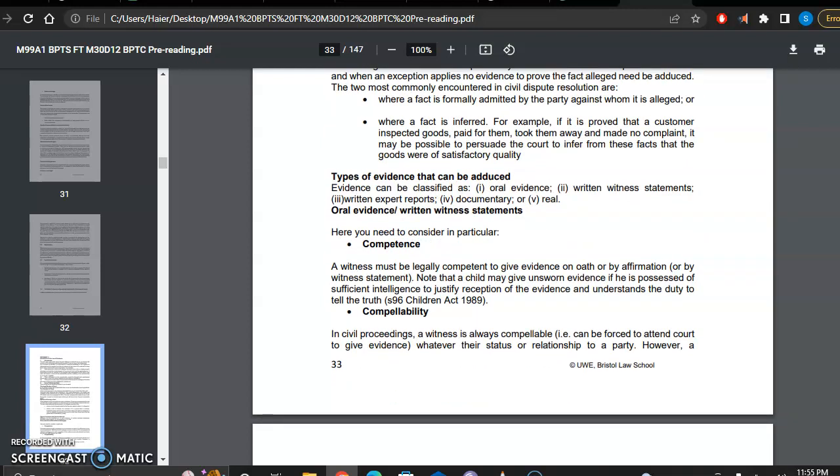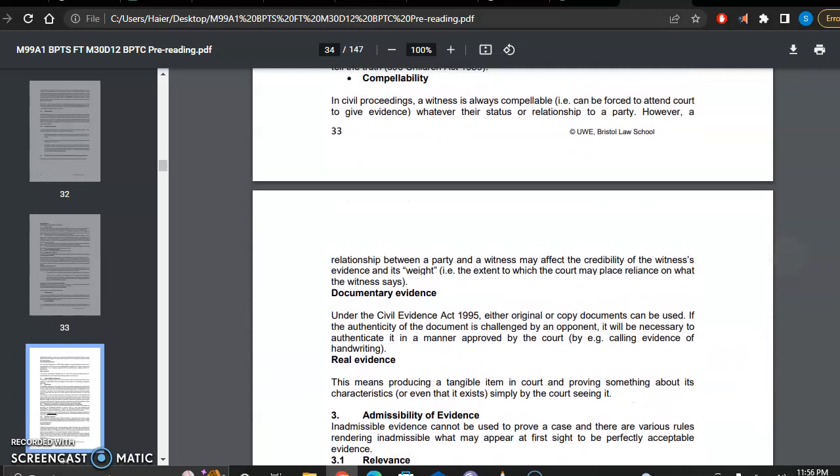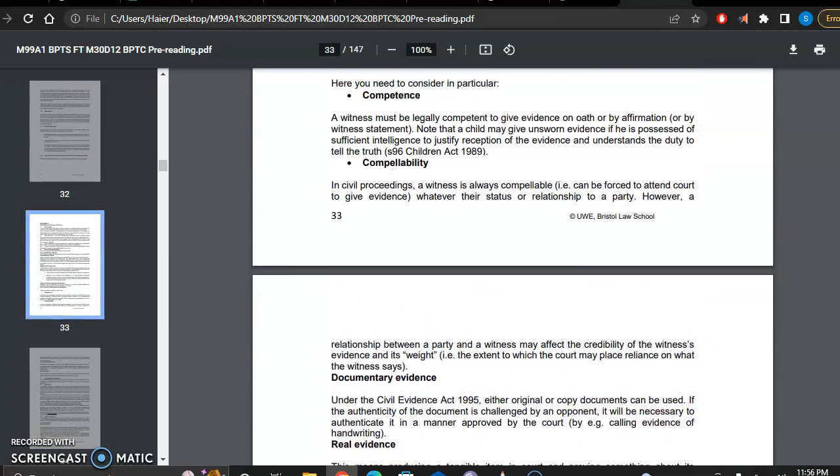Then there are the types of evidence which can be adduced. There is oral evidence, written witness statements, written expert reports, documentary evidence, or real evidence. What do you consider about competence? A witness must be competent to give evidence on oath or by affirmation.